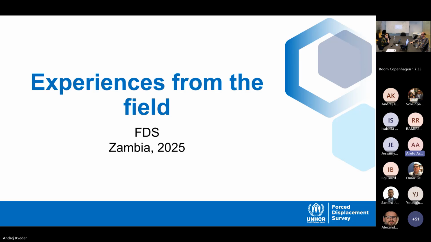The FDS report for Zambia, which will be published very shortly, has already been formally registered as an official government of Zambia statistical report. This is significant because you can imagine, the government does not use third-party data. So this is the most important part. The data should be registered as official statistics of the government.